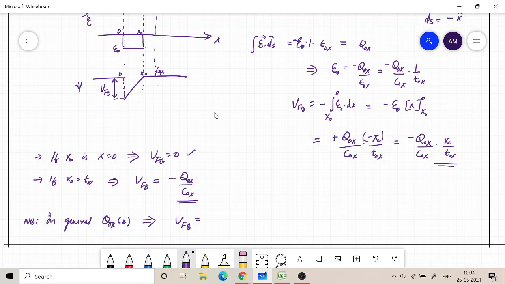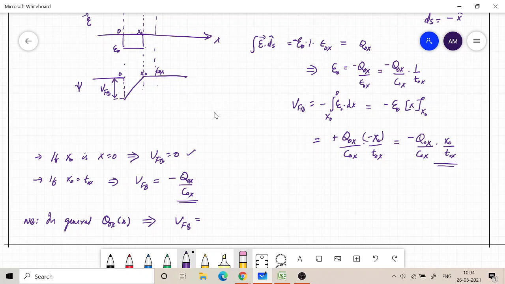If it is at just one point, we have Qox by Cox, but if it is actually distributed, then when we find this integral, the electric field is not going to be constant. The electric field will vary from point to point, because some of the flux lines will terminate at different points. So the electric field is no longer constant in that case. If it is a non-constant electric field, you need to take that into account also.